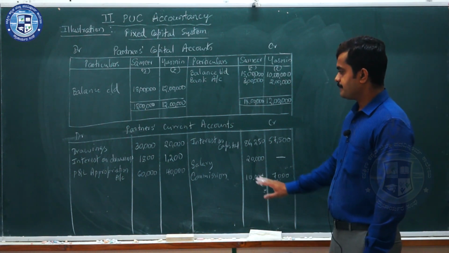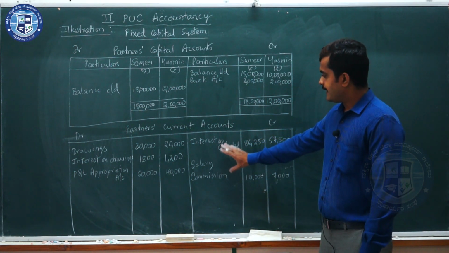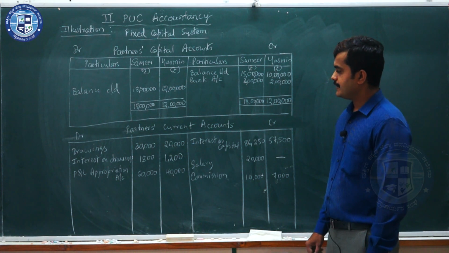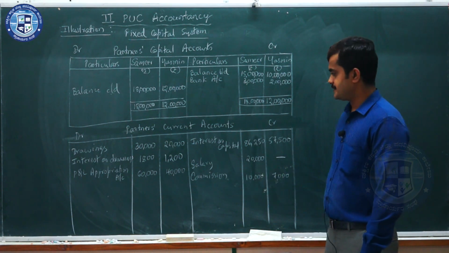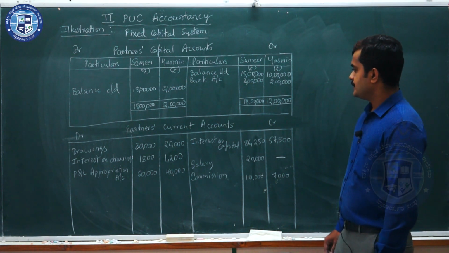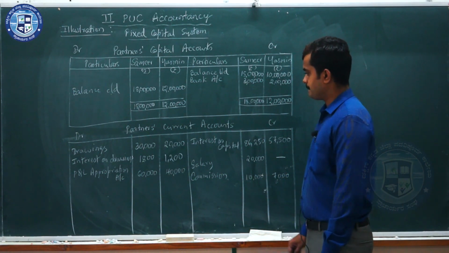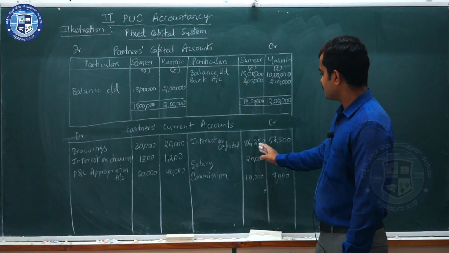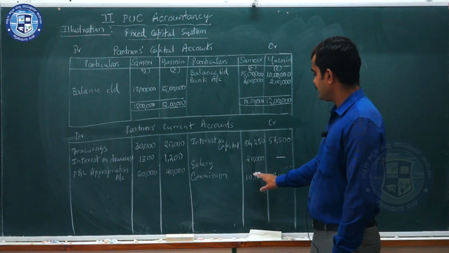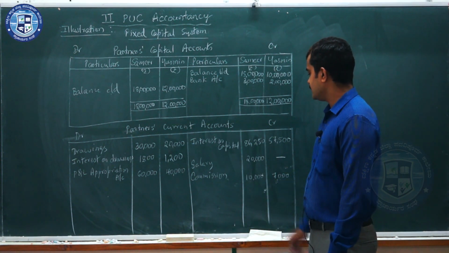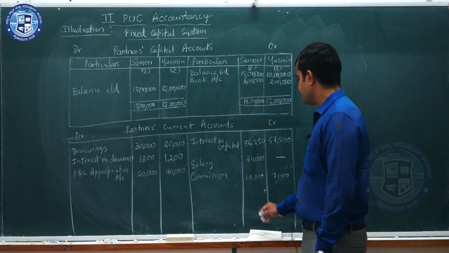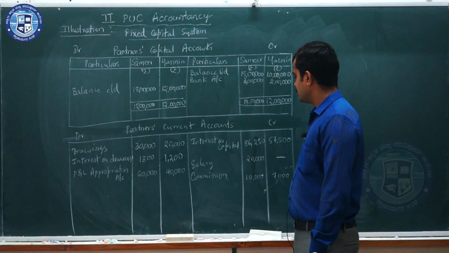So next we have to add up to find out the totals in current accounts and find the balance. So first we will find the balance of Samir. On the credit side we have 86,250, 20,000 and 10,000. So total comes to 1,16,250.